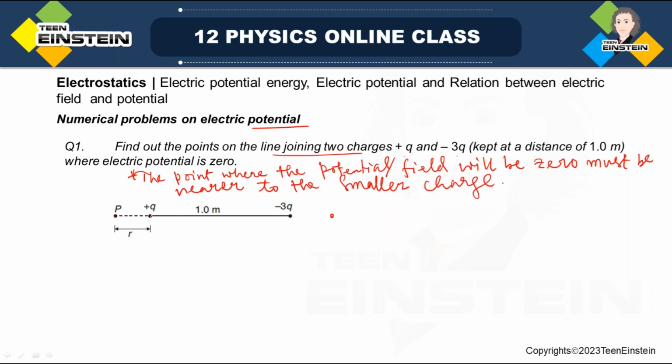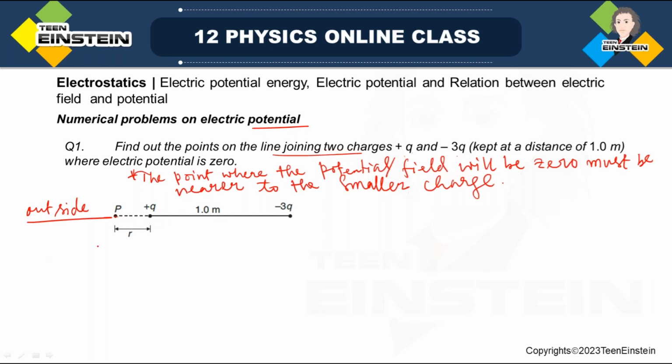So when I am considering a point outside, I need to take this position. I cannot take the position P on the other side where the potential is 0, because we have to take the point near the smaller charge. So I am taking the outside point.